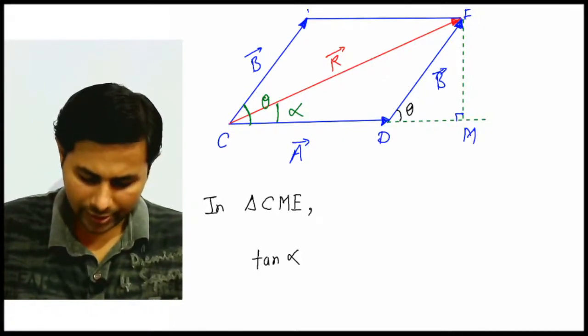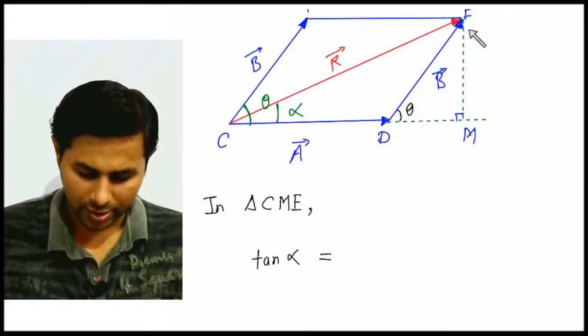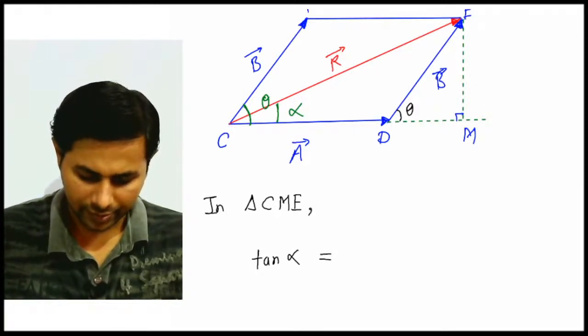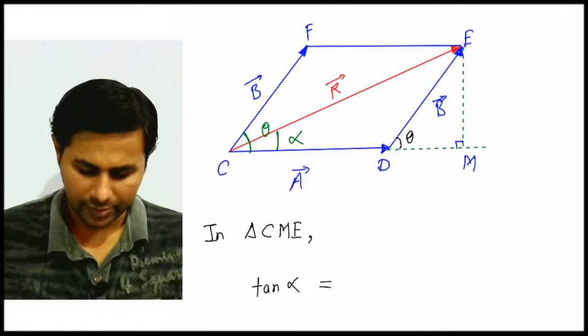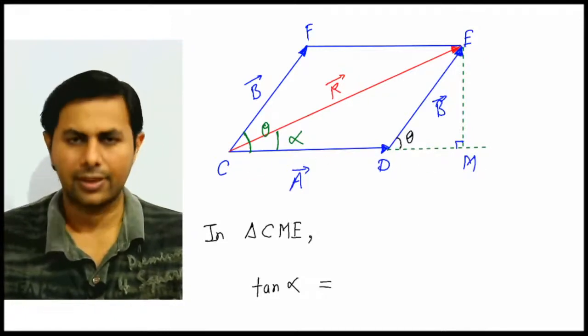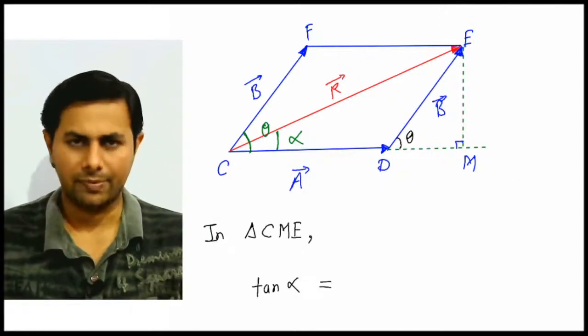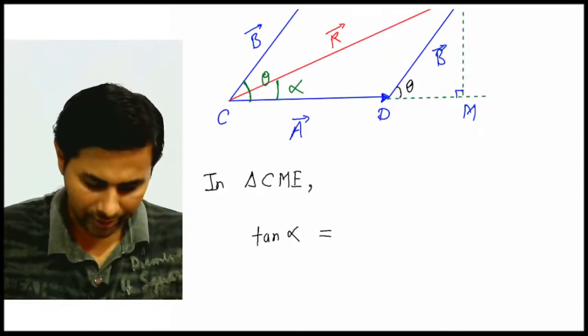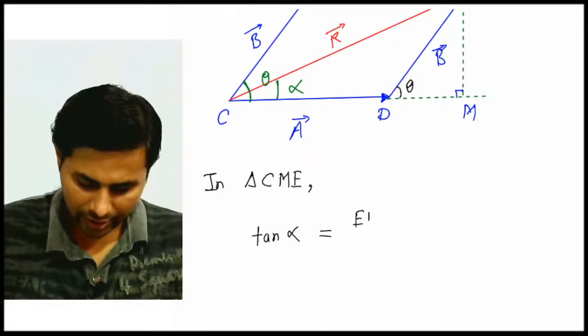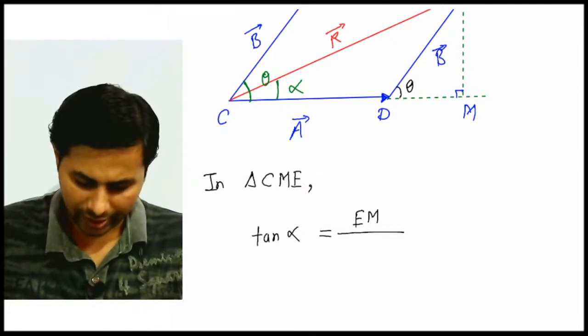Tan of alpha will be equal to the opposite side EM divided by the adjacent side CM.